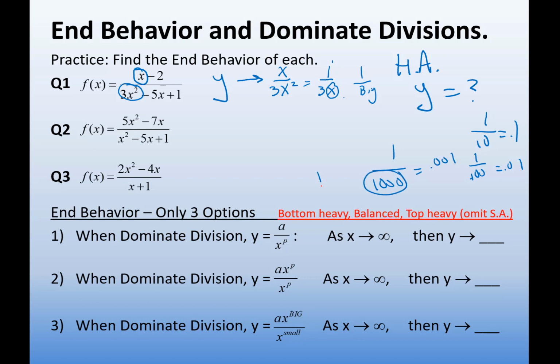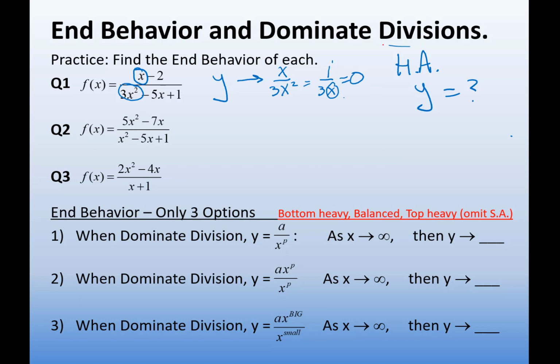The bigger this is, the smaller this is. If we keep doing that, this is eventually going to go to 0. That's what we're going to say is the limit. That's the calculation. So this is going to equal 0.